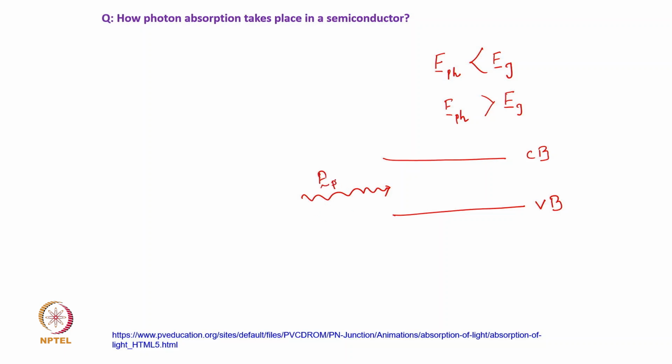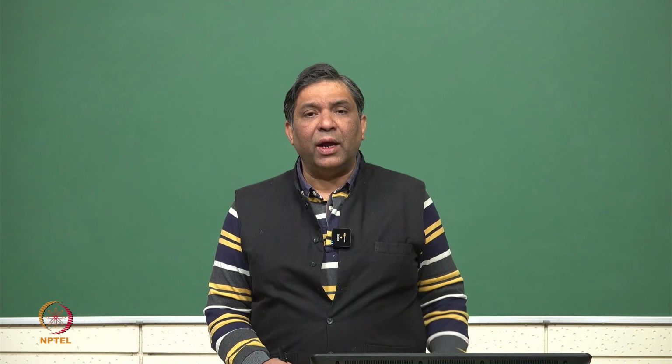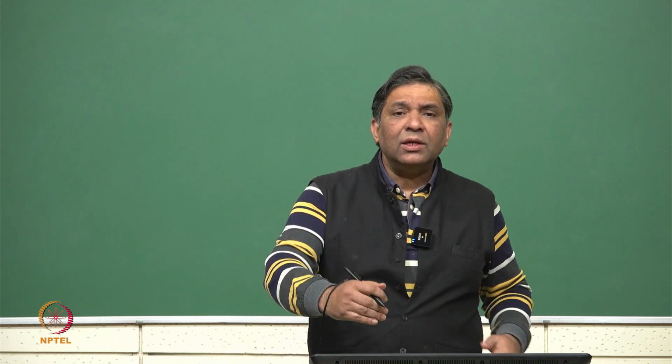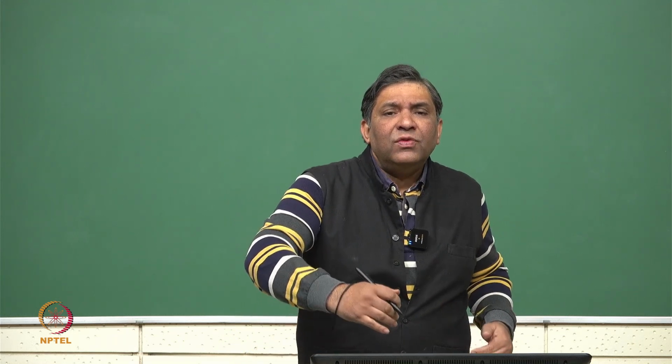This is the energy of the photon and this is the band gap energy. Electron hole pairs are generated when a photon strikes and its energy is more than the band gap energy, and then the electron and hole can be separated.